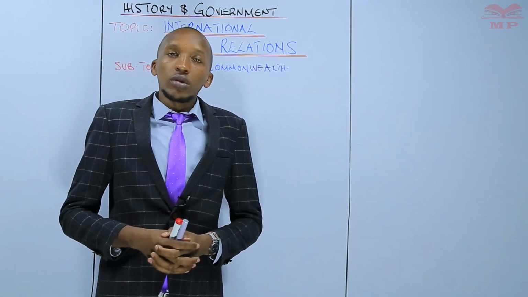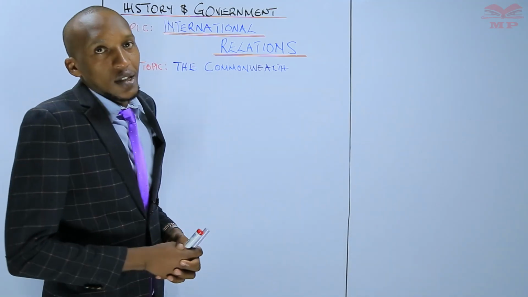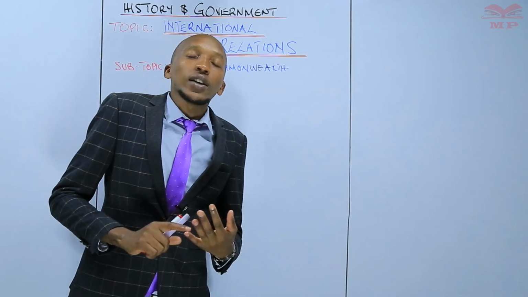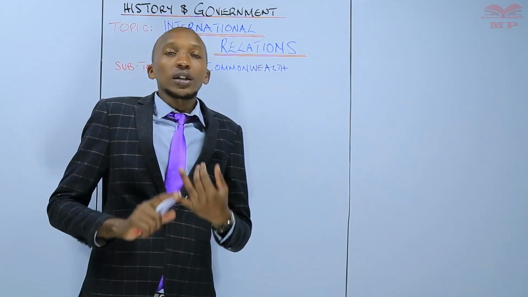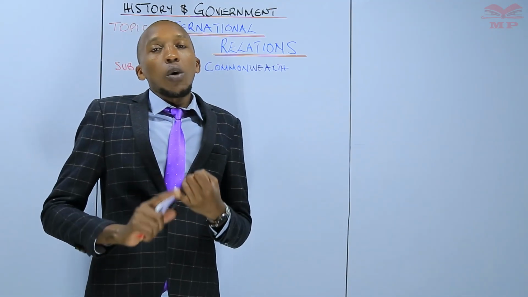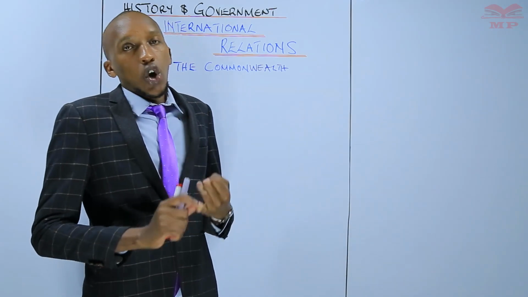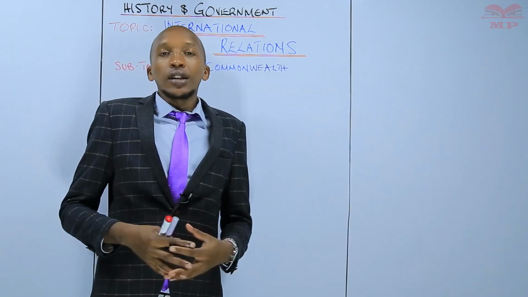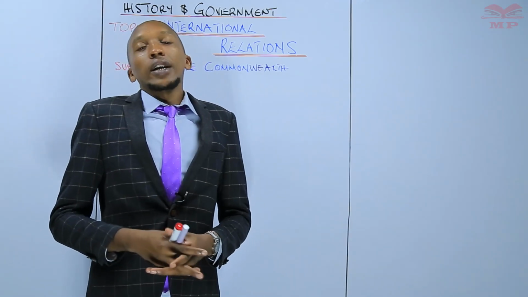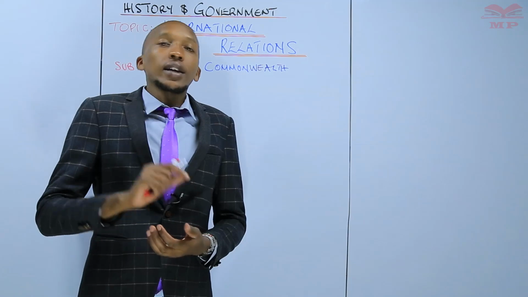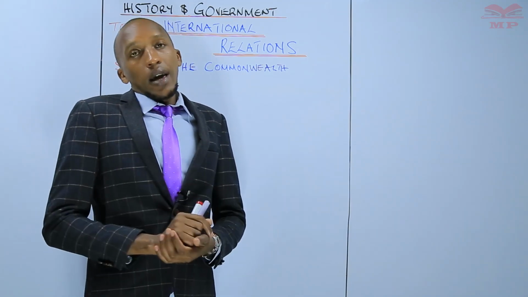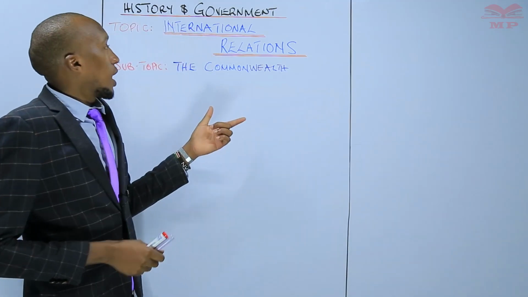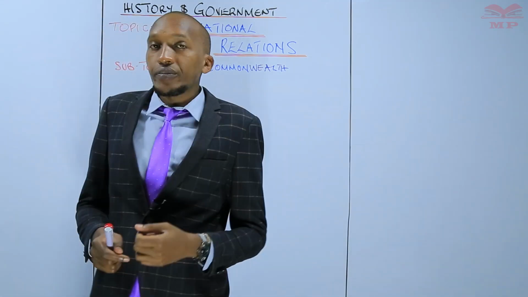In our previous lesson, we defined what Commonwealth means, and we said it is an association of independent states that were part of the British Empire. So these are states that gained independence after being colonized or under the British Empire, and they came together to form this organization known as the Commonwealth.